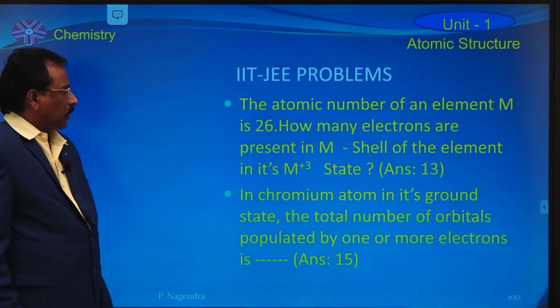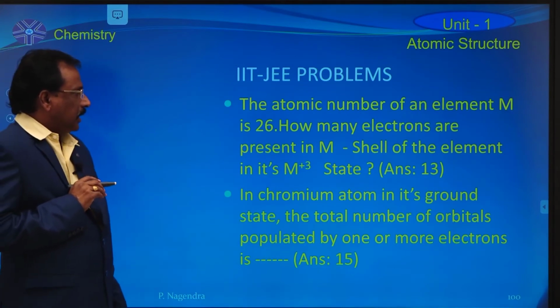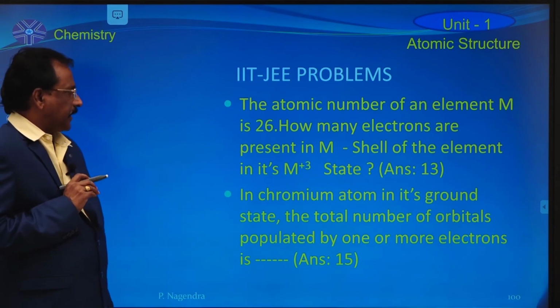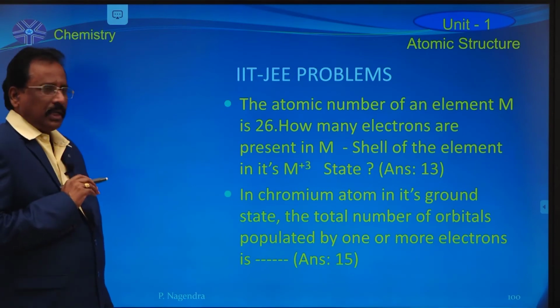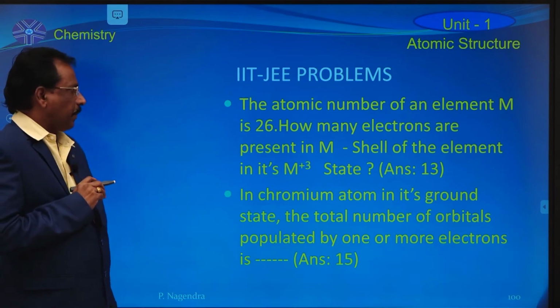Now some problems based on these topics. If the atomic number of the element is 26, how many electrons are present in the third energy level if it is in the +3 oxidation state?